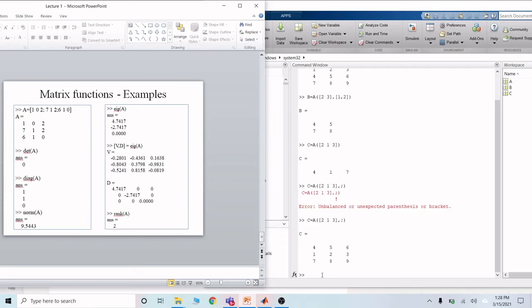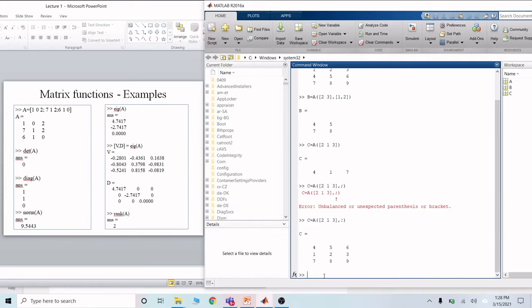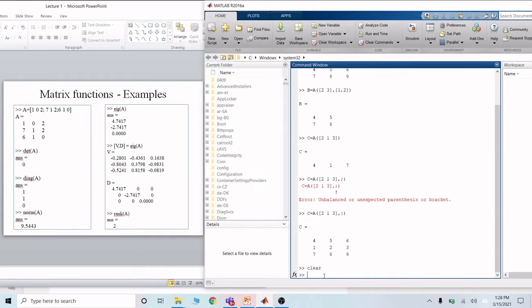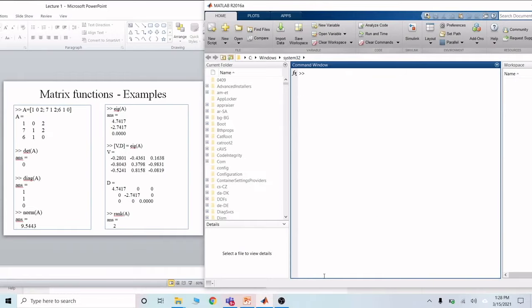Okay, now come to MATLAB. CLEAR, CLC. Okay, write A equals 1 0 2 semicolon 7 1 2 semicolon 6 1 0. The matrix is 1 0 2, 7 1 2, 6 1 0.